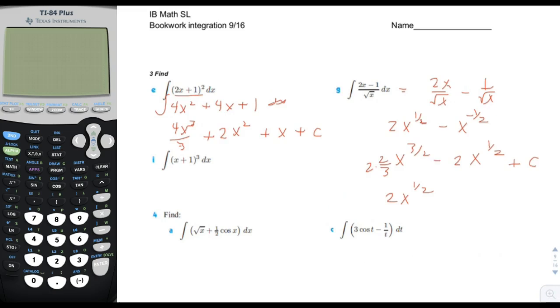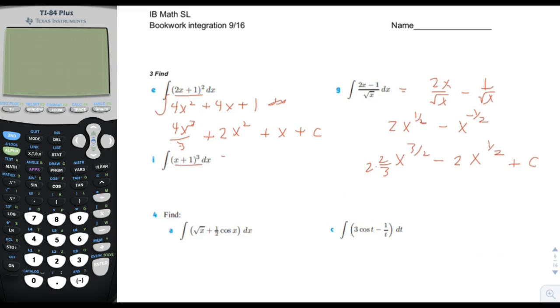Let's try that. I'm sorry, I forgot, I'm taking the derivative, so x to the negative 1/2, negative. Okay. Yeah, I checked both of those, and they're fine.